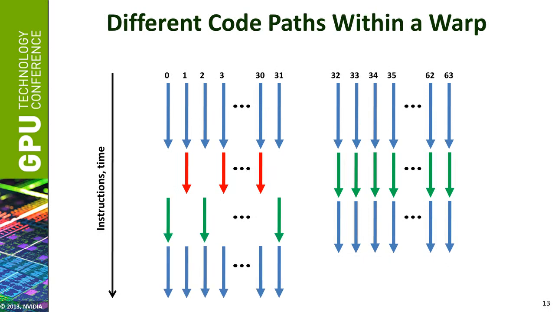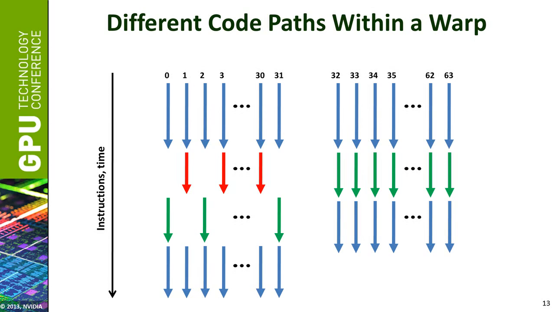If we look at the case where you have different code paths within the warp, now there's impact on performance. How significant that impact will be depends really on your code and how much time you spend in these divergent code segments. But we can see here, now this particular warp gets to the conditional statement, and some threads have to execute the green path, some threads have to execute the red path.